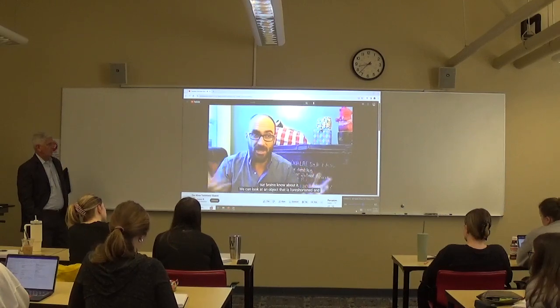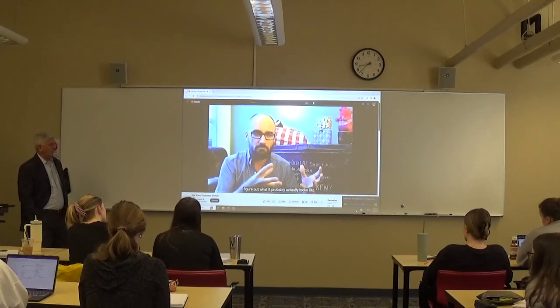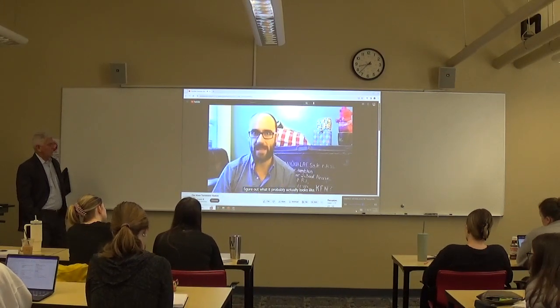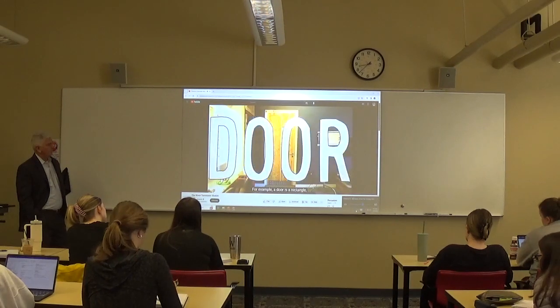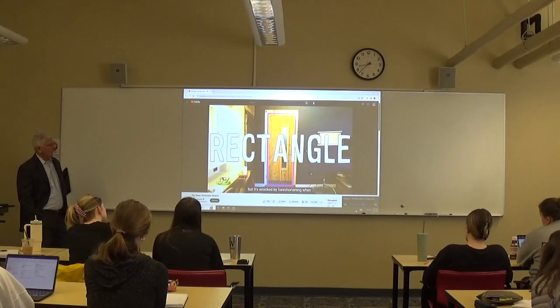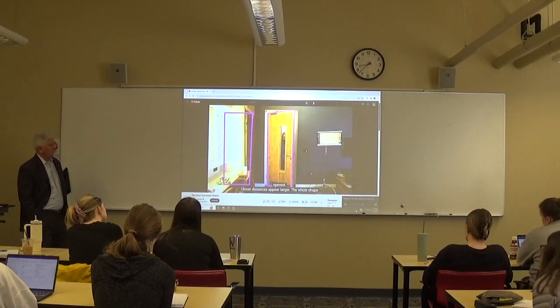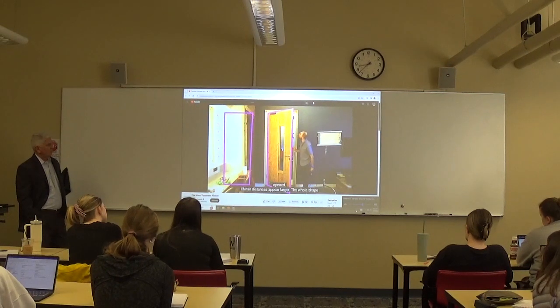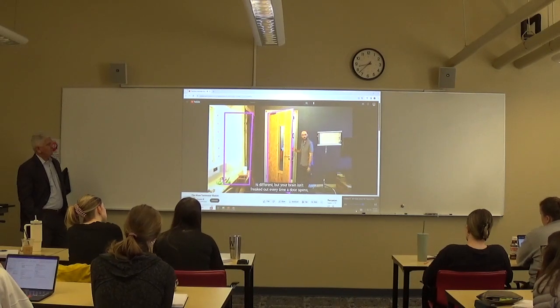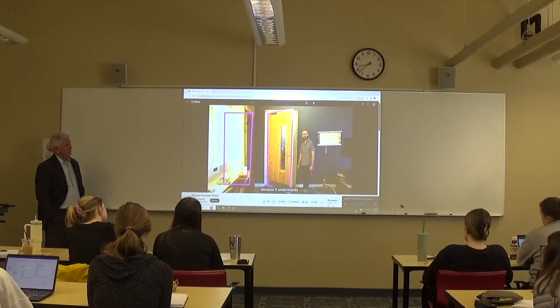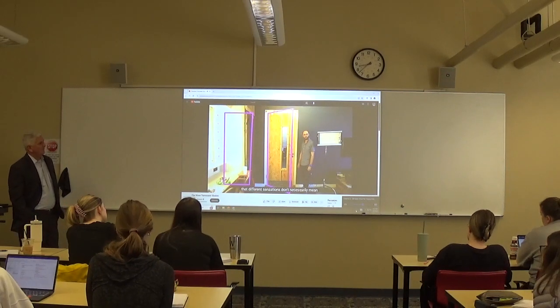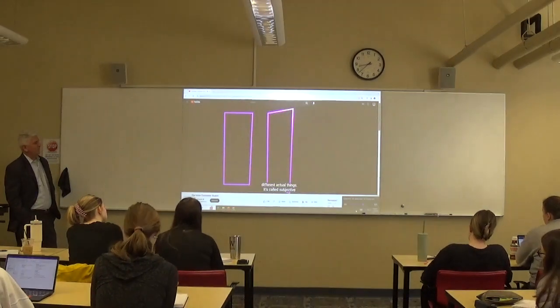We can look at an object that is foreshortened and figure out what it probably actually looks like. For example, a door is a rectangle, but it's distorted by foreshortening when open. Closer distances appear larger. The whole shape is different, but your brain isn't freaked out every time a door opens because it understands that different sensations don't necessarily mean different actual things.